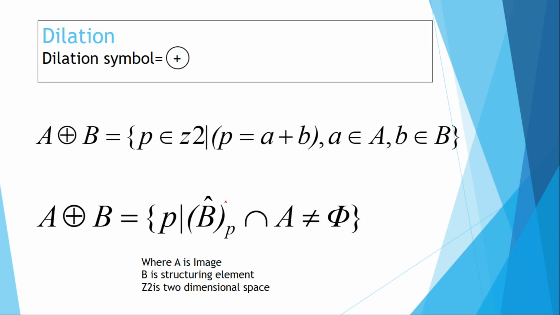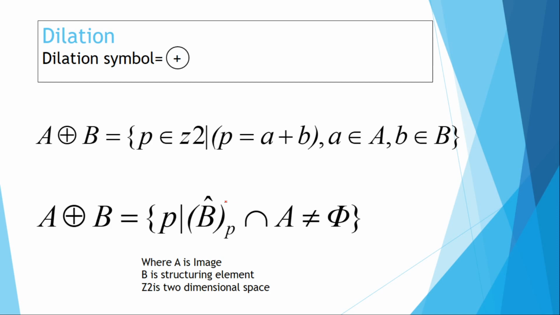The symbol for dilation is a plus inside a circle. A dilation of B is equivalent to the set of P belonging to Z squared, where P is equal to small a plus small b.